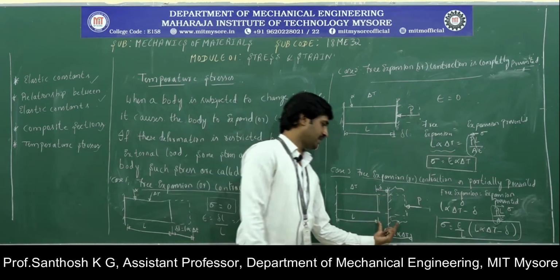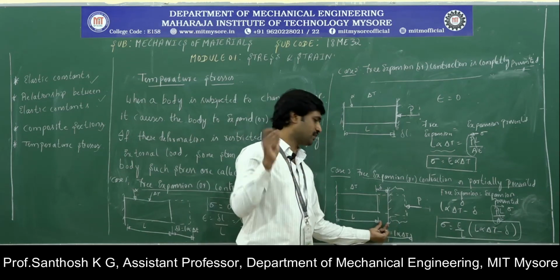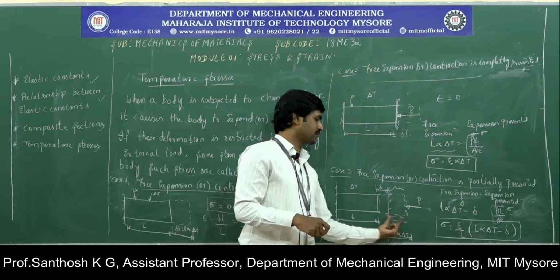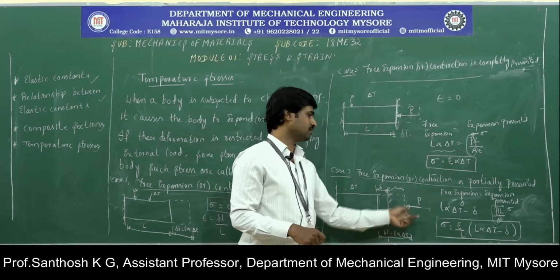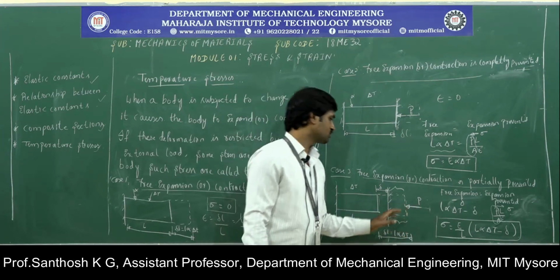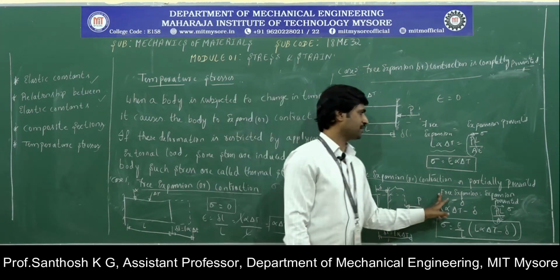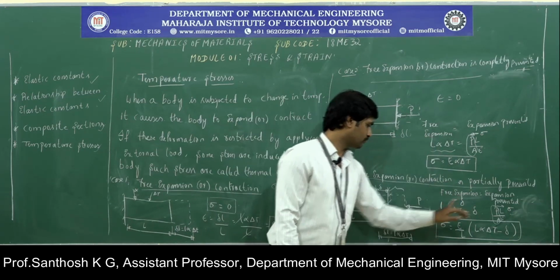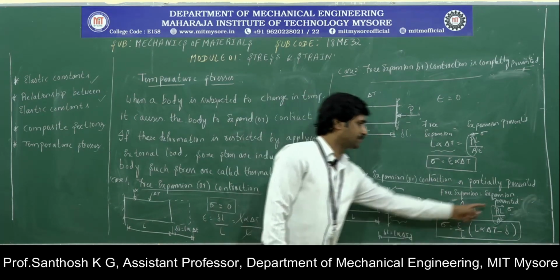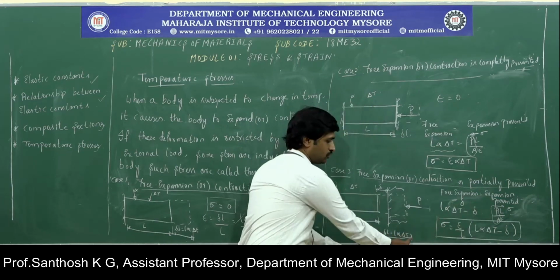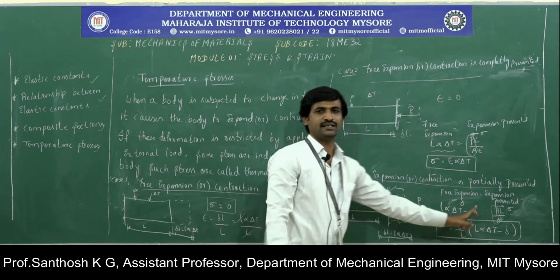Since there is some amount of expansion, there will be a strain, and because of some resistance to the expansion, there will be a stress. We can calculate the amount of stress by making use of the same equation. The amount of expansion prevented will be equal to total expansion minus delta.